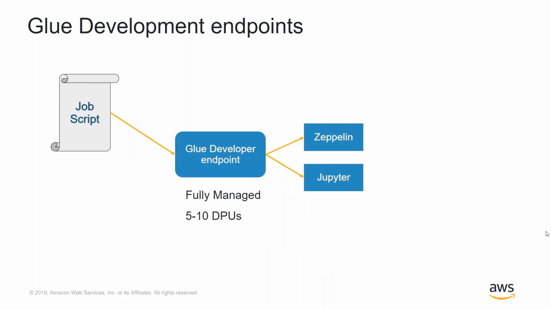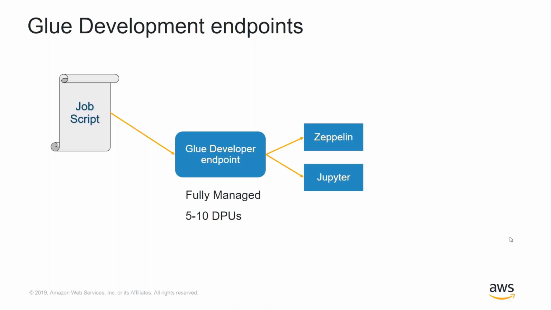What some of our customers do is they start off with the first method, which is the script generator method that I just showed you. They walk through those screens, they generate a script. Then they come into the Glue developer endpoint, and you get to choose either a Zeppelin notebook or a Jupyter notebook. Both are open source notebooks.